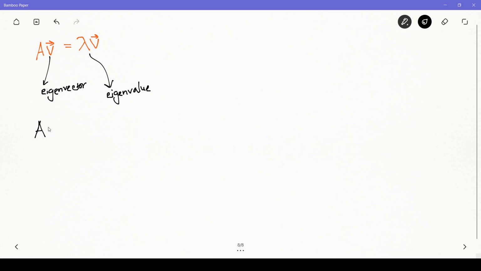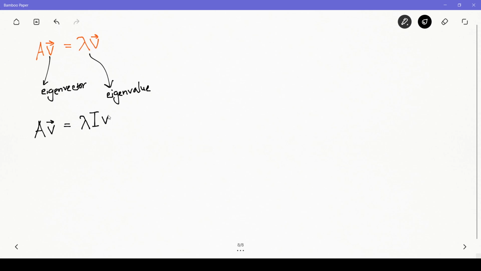Okay, so A times the V vector, and we are going to write our lambda in the form of a matrix. So how do we convert a particular scalar value to its corresponding matrix? We just multiply it with the identity matrix, right?